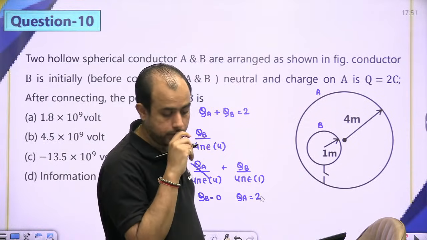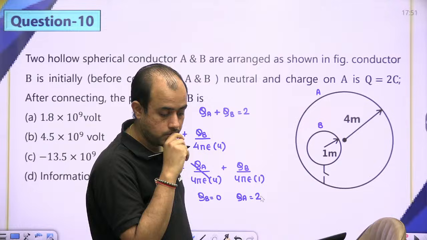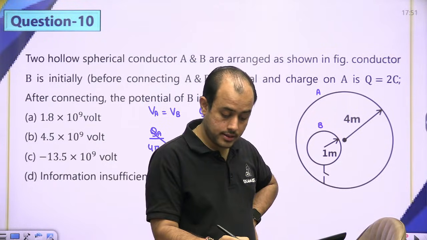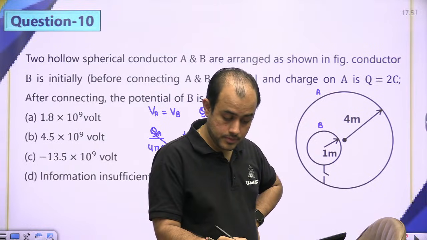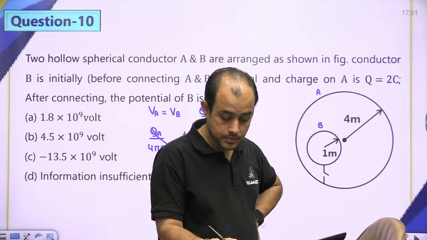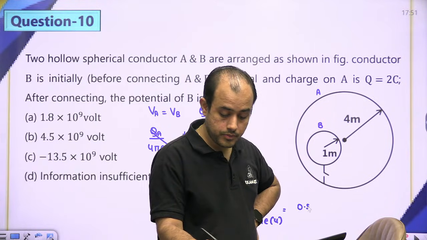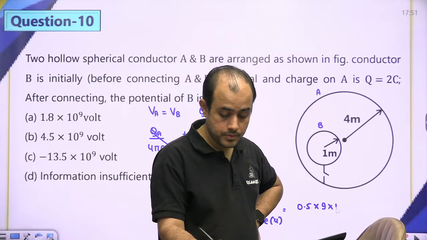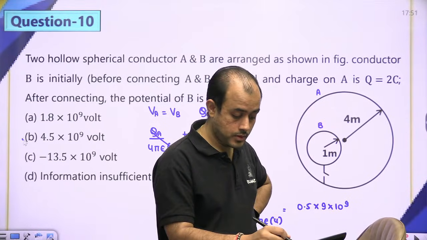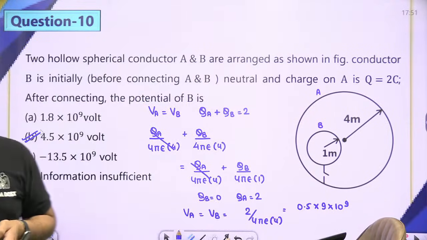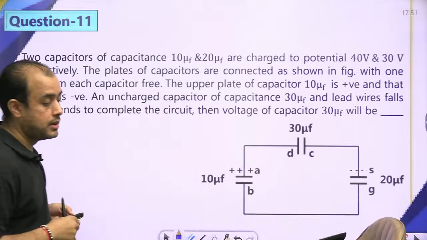QA should be 2. So that means the answer should come out to be B.